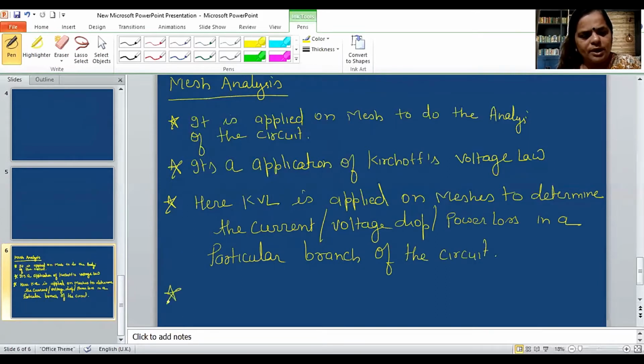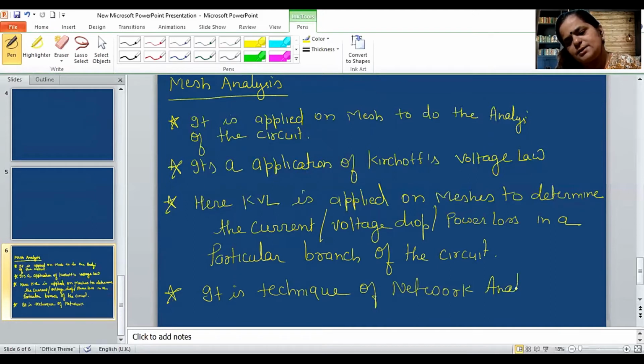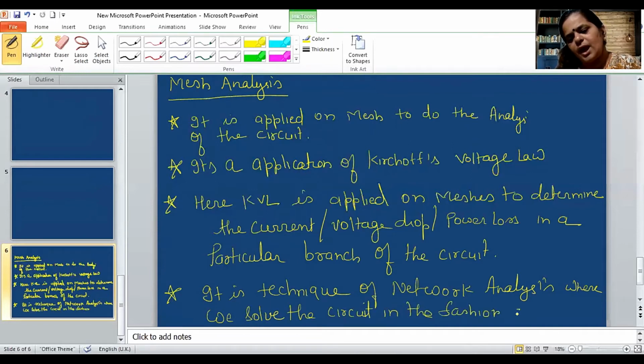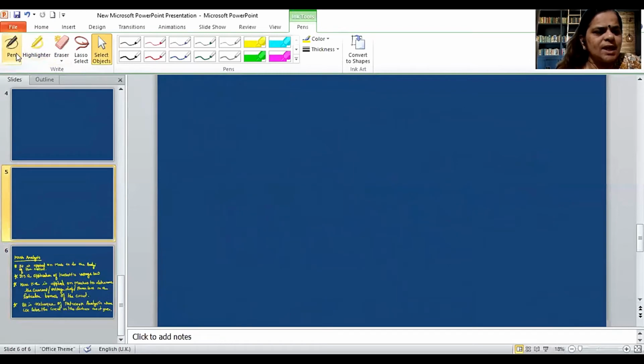And the very important thing, it is a technique of network analysis where we solve the circuit in the fashion as it is given. Now the important thing, as it is the application of KVL, we should understand what Kirchhoff's voltage law is.